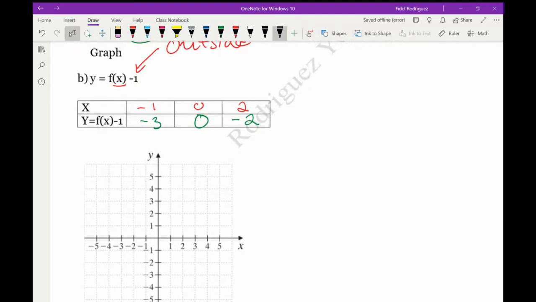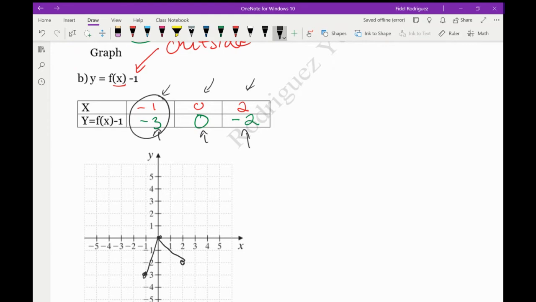Now let's go ahead and plot those points. So these are my x values here, and these are my y values here, right? So here's my first point, -1, -3. When x is -1, y is down here at -3. 0, 0 is right here in the middle. And 2, -2 goes to the right 2 and then down 2.